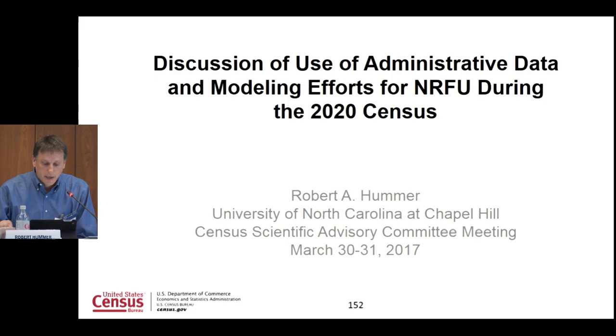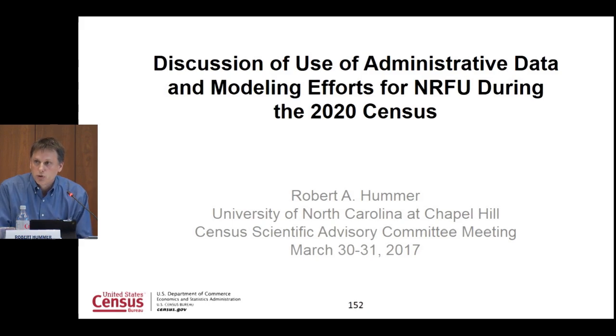Okay, a little bit on the importance here. This will reiterate a bit, but this is a really complex set of results. We're talking about 50 million addresses in 2010, and who knows, 50 million or so in 2020 that will fall in the NRFU category. Obviously, the fewer the better, but that's another issue.